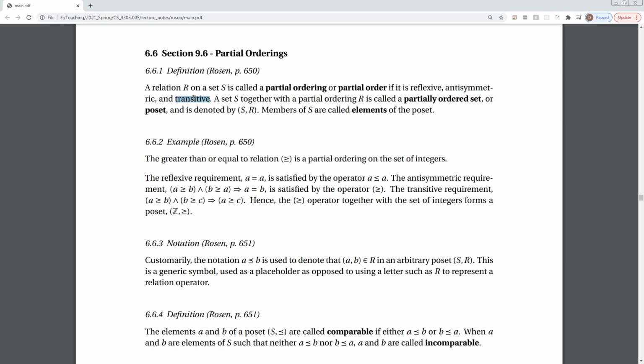And transitive is if A relates to B and B relates to C, then A relates to C. So a set S together with a partial ordering R is called a partially ordered set, or poset, supposedly. I never called it that. And is denoted (S, R), where the members of S are called the elements of the partially ordered set.